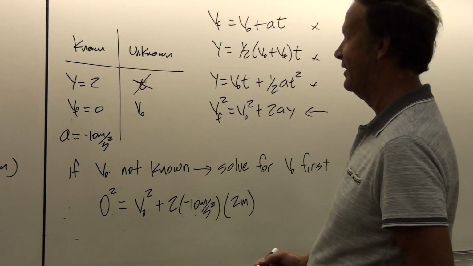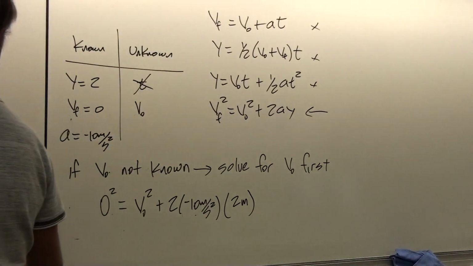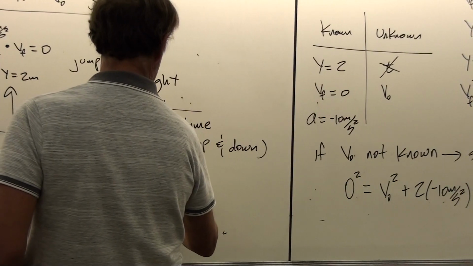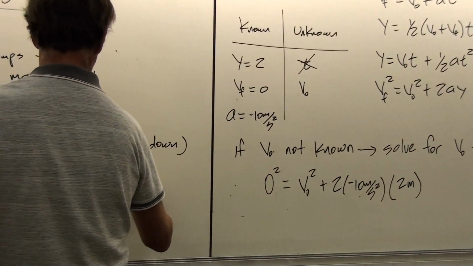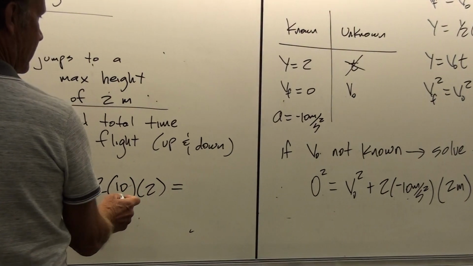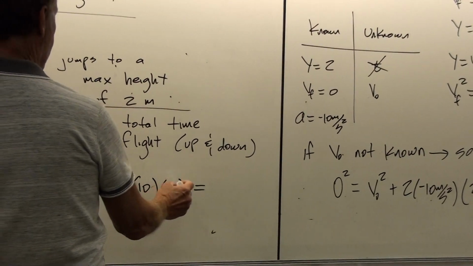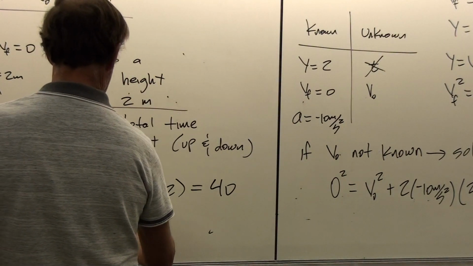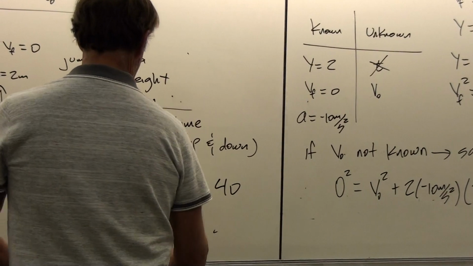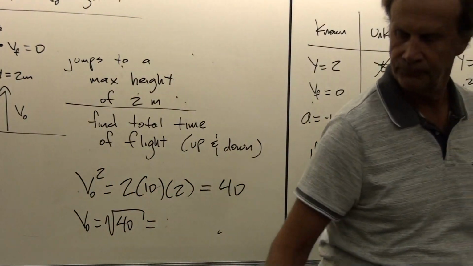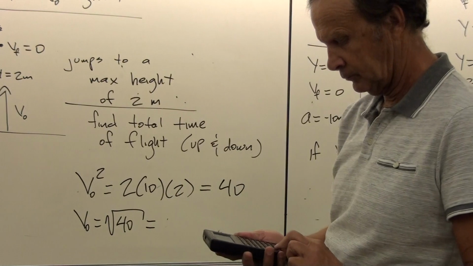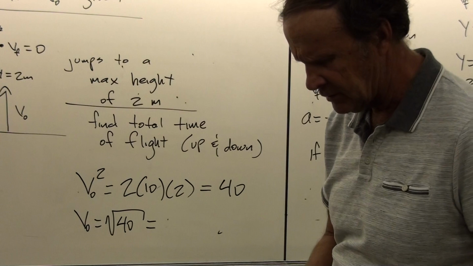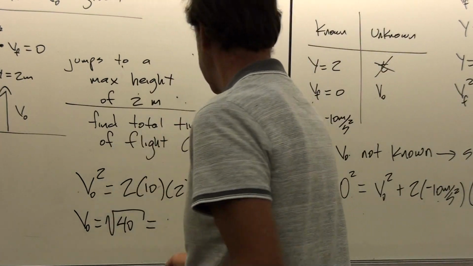Otherwise, you get an imaginary value for v naught, which would be troublesome. v naught squared then is going to be 2 times 10 times 2, or that'll be 40. And v naught will be root 40, which is 6.32 meters per second.